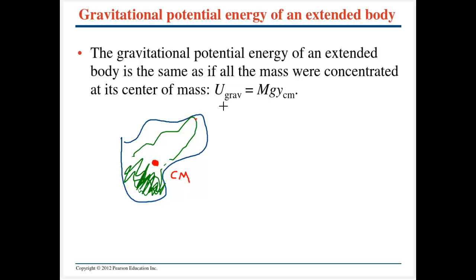It turns out that the gravitational potential energy for such a body also behaves as the mass multiplied by gravity at the center of mass. So if that center of mass is some distance away from the ground, we write the gravitational potential energy available to it using the height to its center of mass.